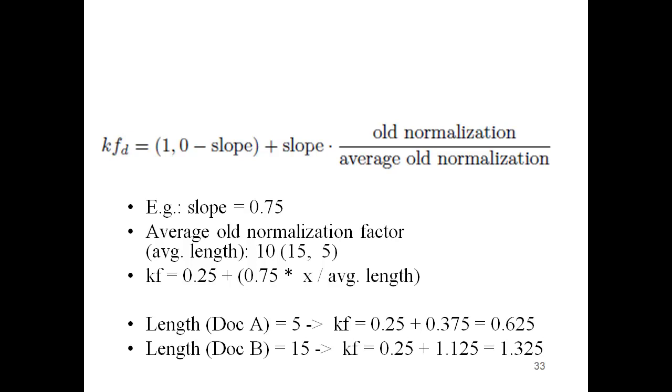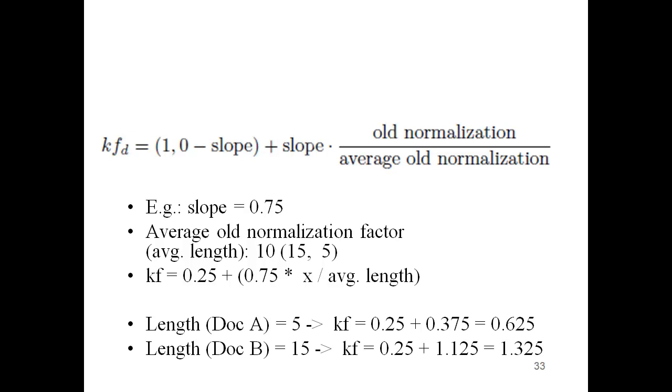Right? And the slope factor is something that has to be chosen. We start with 0.75. We don't have to do anything else really. And now we have 1 minus slope, so 0.25 plus. So this is a factor that all the documents are given, all the weights are given. And then we end up with 7.5 times the old normalization, which was 10, divided by the average length here.